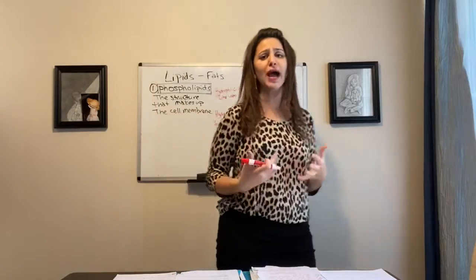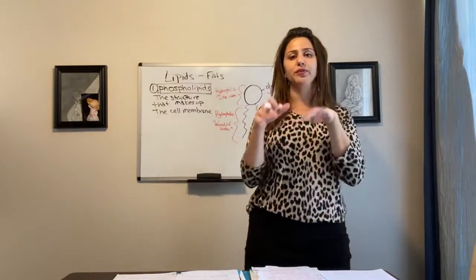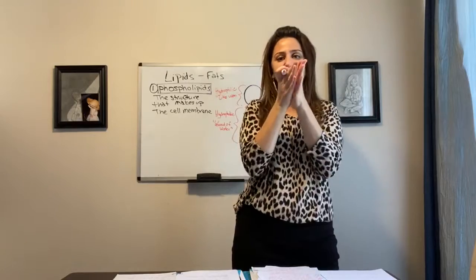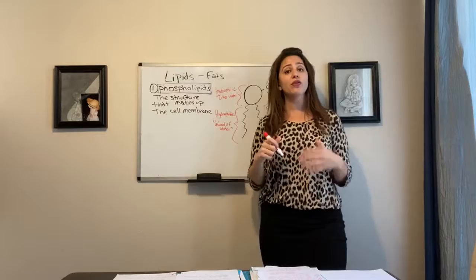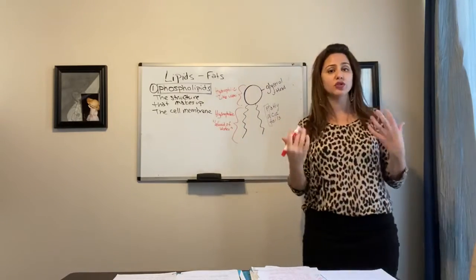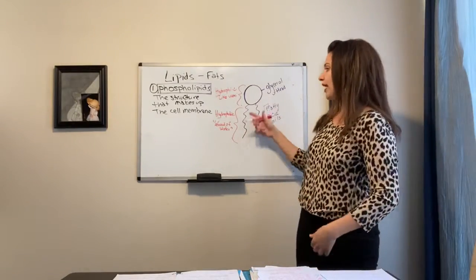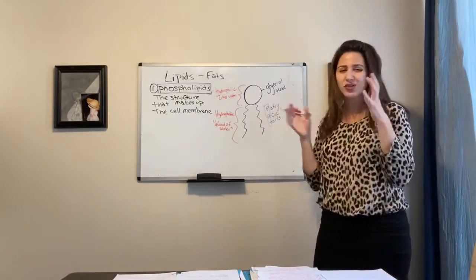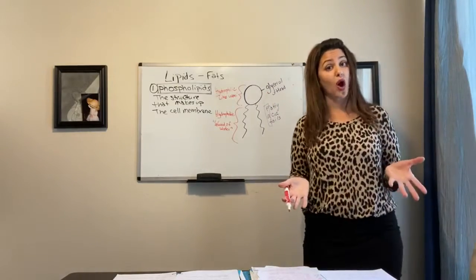And you guys should be familiar with oils in general, right? If you have oil and water and you put them together, they don't actually come together. They separate, right? And the reason for that is because of this hydrophobic aspect to lipids, to fats, that they actually don't like the water. And that's going to be the tails. The tails really don't like the water, but the glycerol heads do like the water.